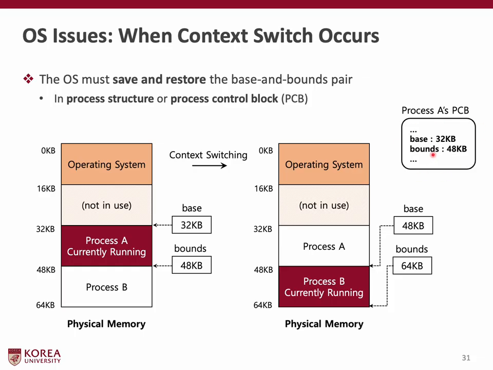And then the operating system loads process B's base and bounds into the MMU. In this case, its base and bound registers are set to 48 kilobyte and 64 kilobyte. So in this way, this ensures that each process can only access its own valid memory region, even as the CPU switches back and forth between them.